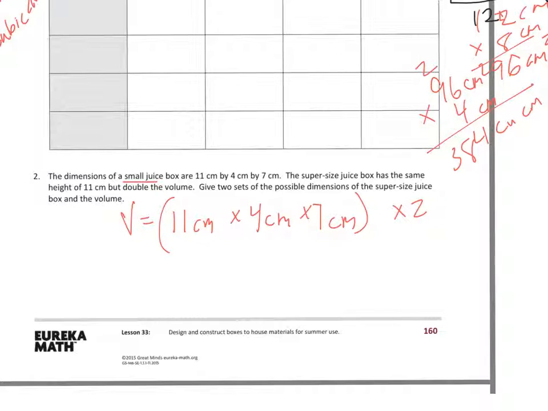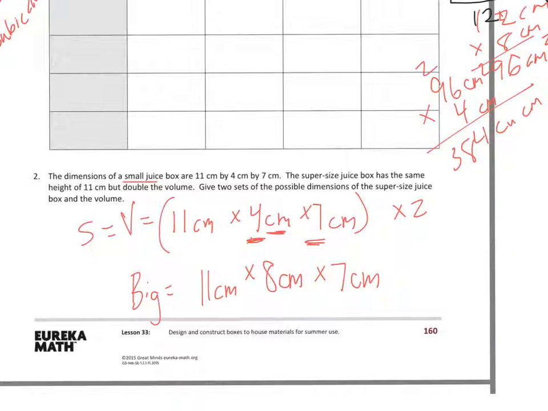So I can't just say the new dimensions, so the big juice box has 11 as the length. I can't say that this is going to be 8 and this will be 14, because now I'm not doubling it, I'm quadrupling it, meaning times 4. And let me show you what I mean. So I'm going to double this one, the 4 centimeters, and change it to 8 times 7. And what we'll do is calculate both of these out, the small one and then my projected big one.